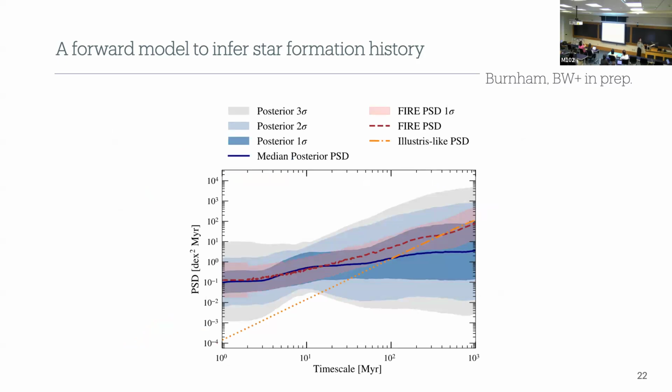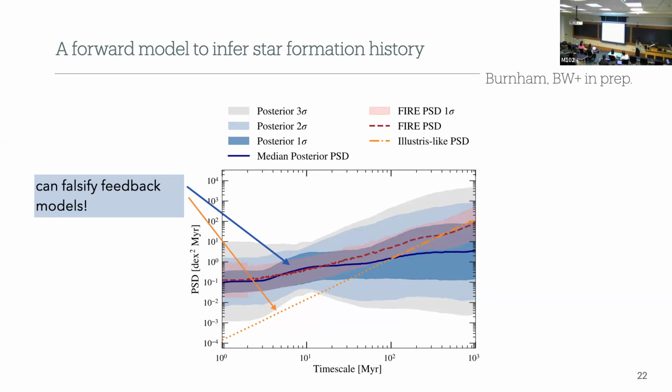This is the result of inference. The x-axis is called the power spectral density. Basically, it's a Fourier transform of the star formation history, and it tells you how much power is in there at these timescales. What I want to show here is what it inferred if we input a FIRE-like, very bursty star formation history.